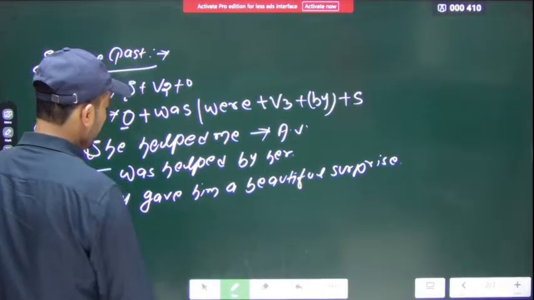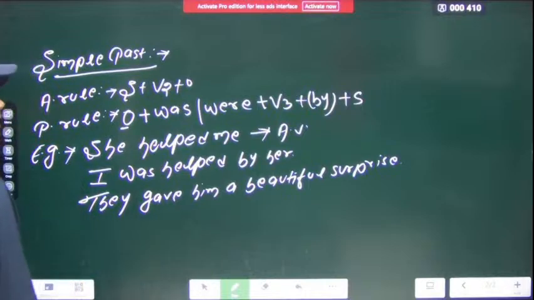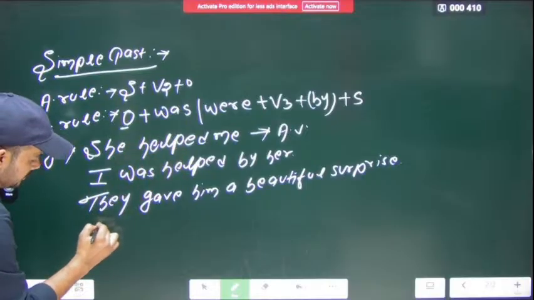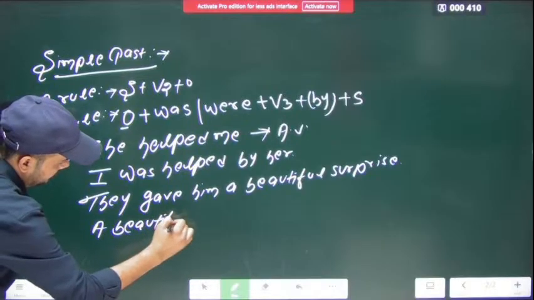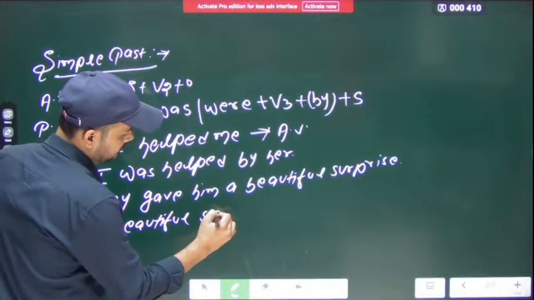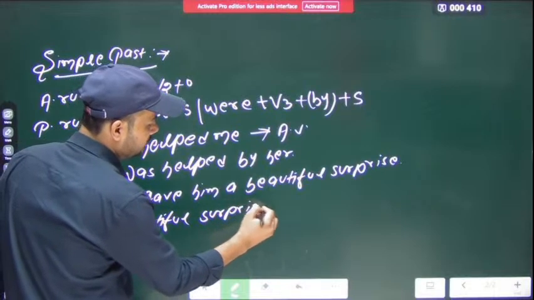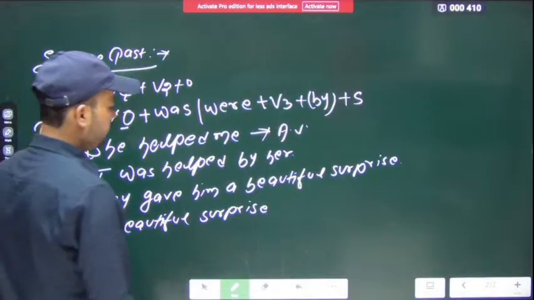And a beautiful surprise is also here in the form of a noun, but it is also an object. Okay, so here we will write first: a beautiful surprise. How many surprises are there? Only one, so we will write was.